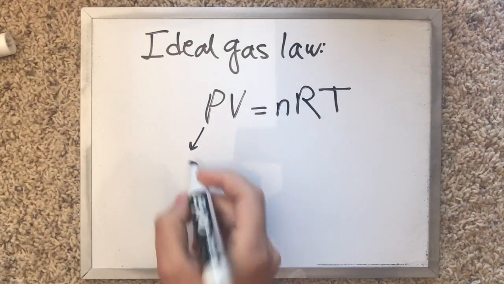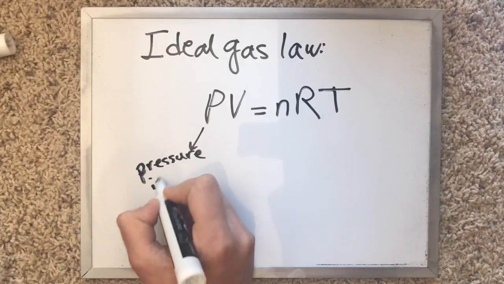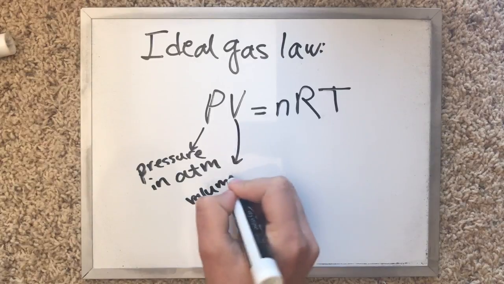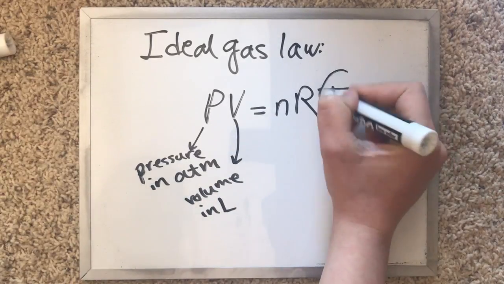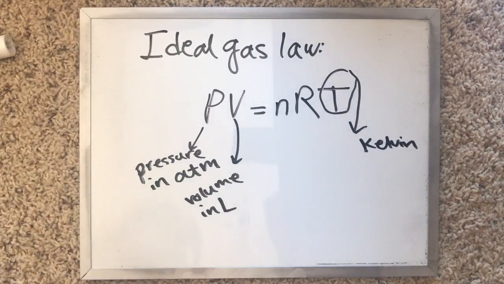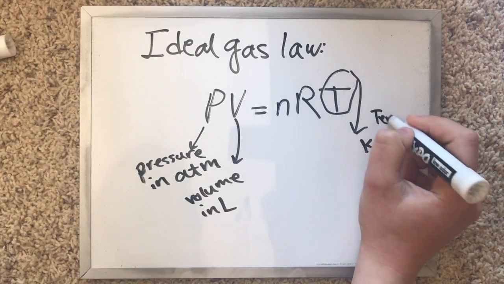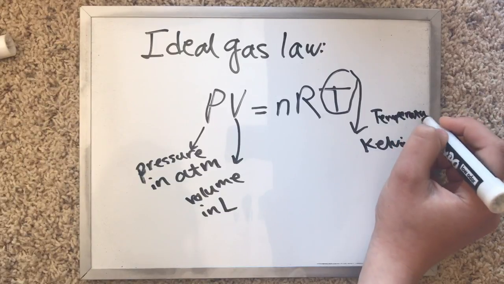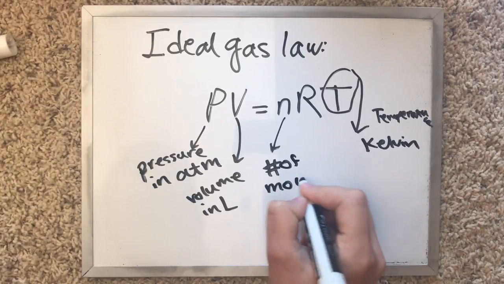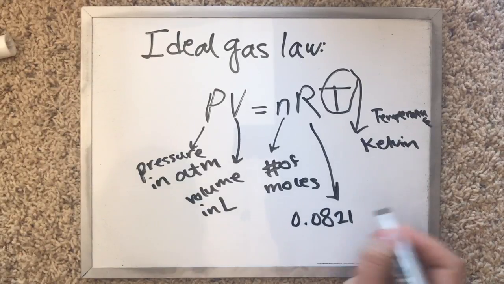P is pressure in ATM, V is volume in liters, and as we said, for gas laws, the temperature always has to be in Kelvin, because we can't have zero or negative numbers. N is our number of moles, and R is our constant, which is 0.0821.